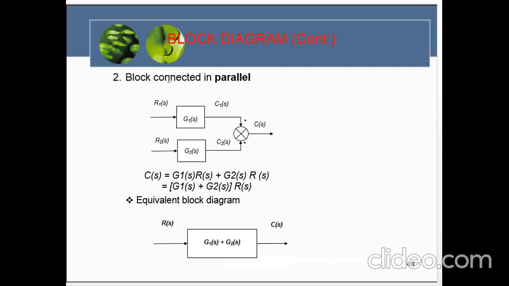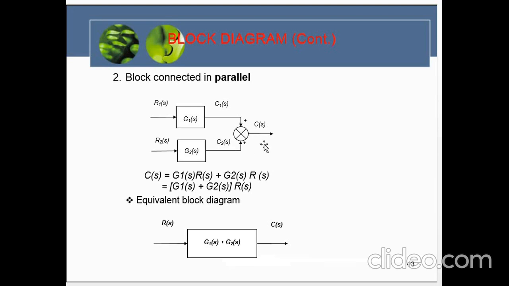In this case we assume that R1(s) equals R2(s) equals R(s). We see here C(s) is equal to C1(s) plus C2(s), where C1(s) is G1 R(s) and C2(s) is G2 R(s).